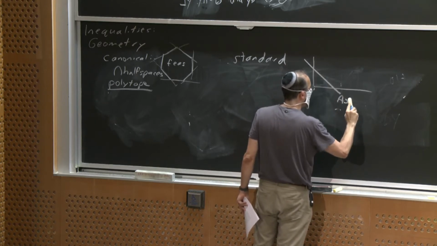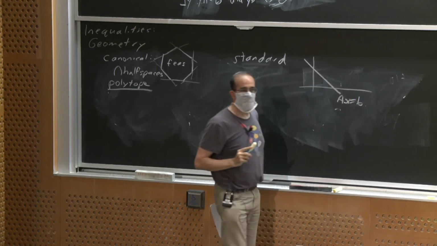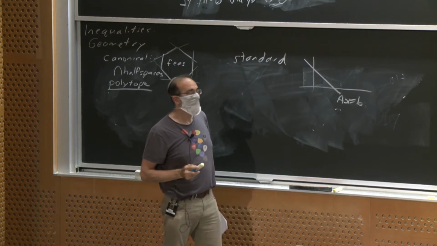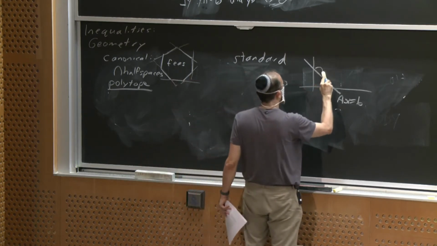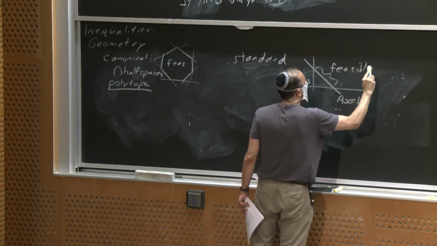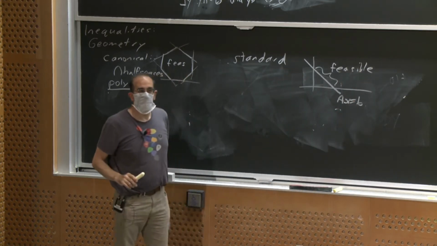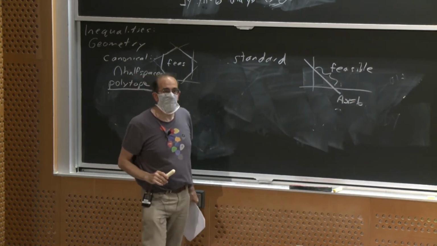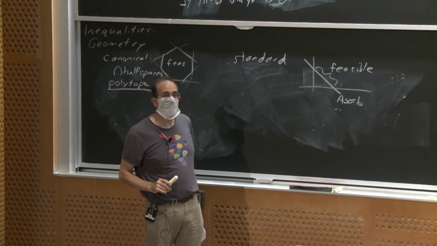But if my equality constraint is, for example, this line, right, then the portion of the line in the positive quadrant is the feasible set.